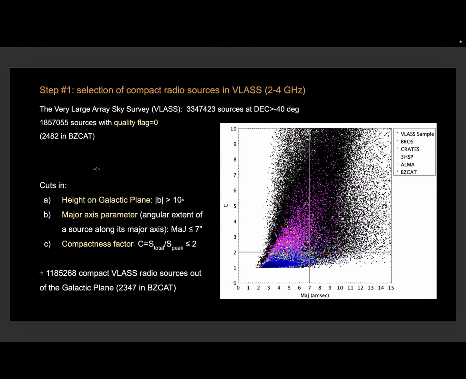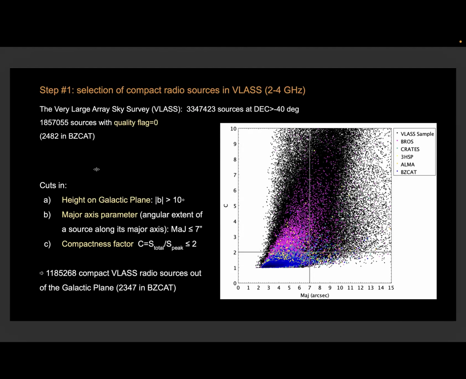So blazars are radio emitters, and they must have a compact radio morphology. So we looked for compact objects in the VLASS survey. And in order to select compact objects, we used two parameters. One was the major axis parameter, and the other one was this compact factor, which was defined as the ratio between the total flux and the flux at the peak.